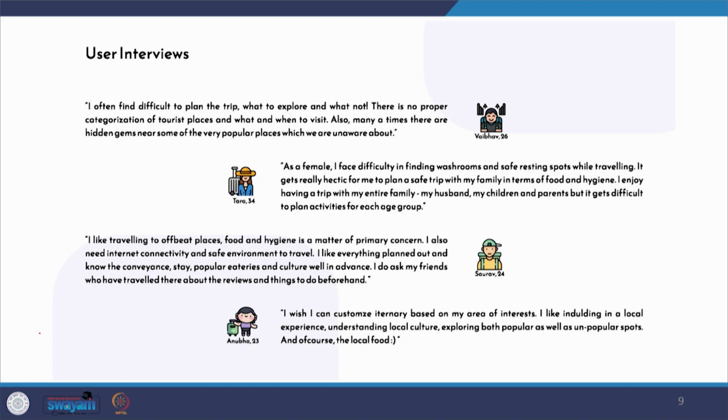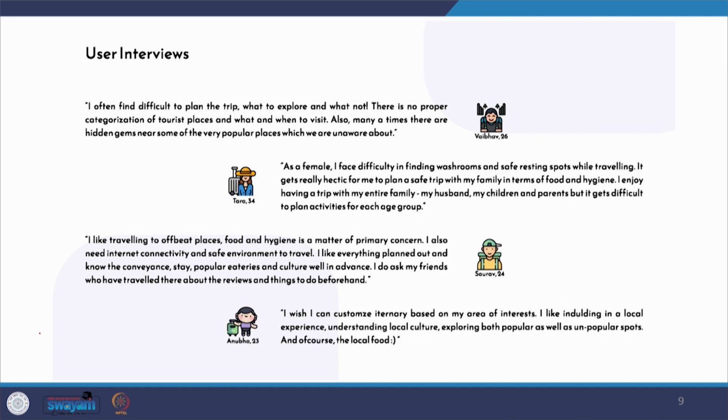So when the user interviews were conducted, she has put together some of the salient features or outcomes from these interviews, where for example, we will take quickly one or two important points here. One person, Webhub, says that I often find it difficult to plan the trip, what to explore and what not.